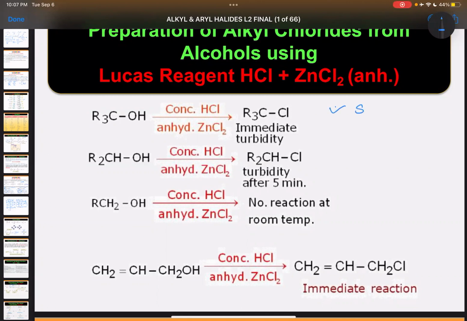So this is the SN1 mechanism. Just remember it. That's why the tertiary alcohol. Remember in the alcohol, suppose you need to break this bond, the rate of the reaction is like this. In your CBSE batch the alcohol is completed.